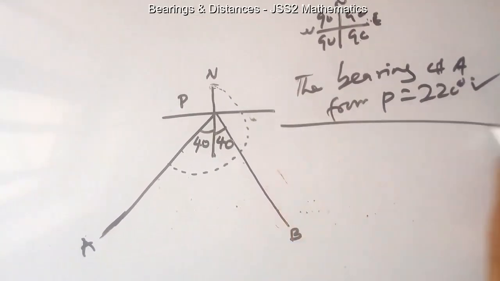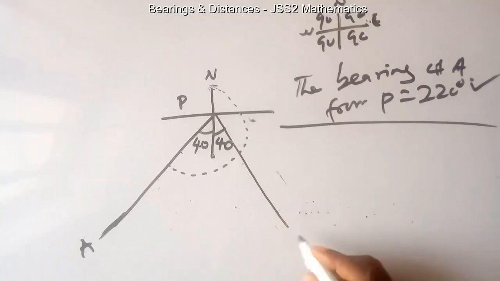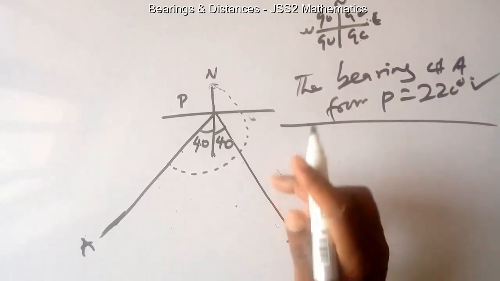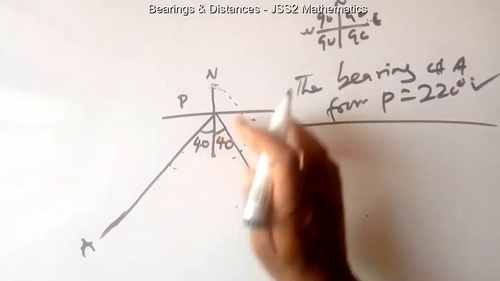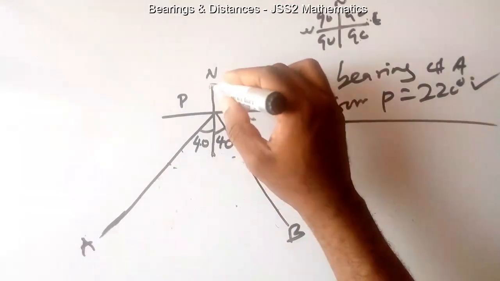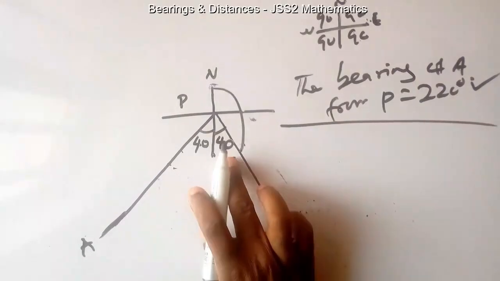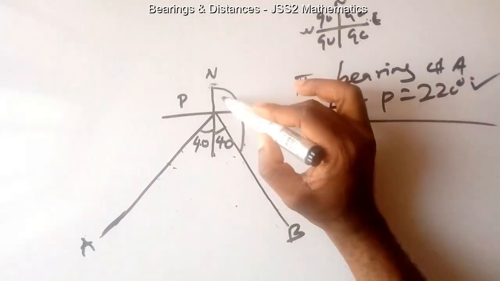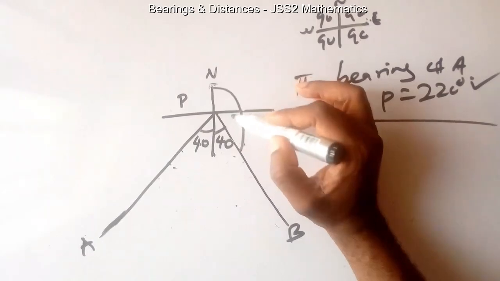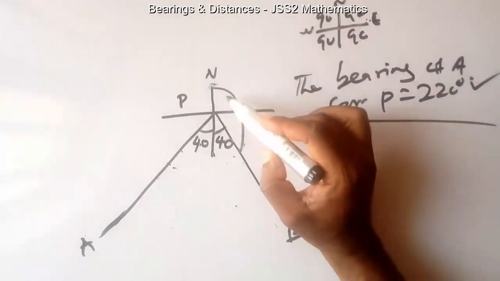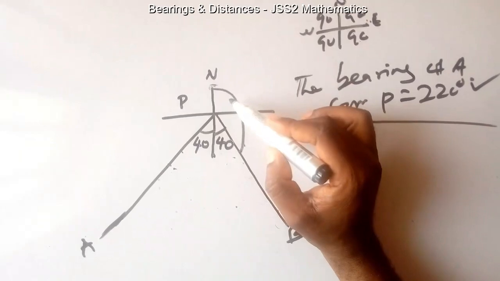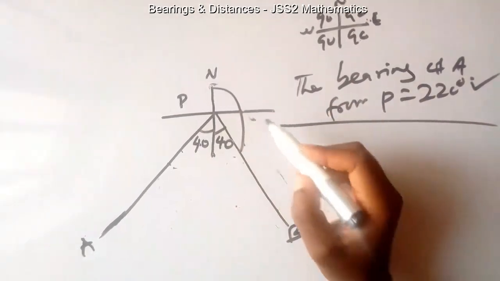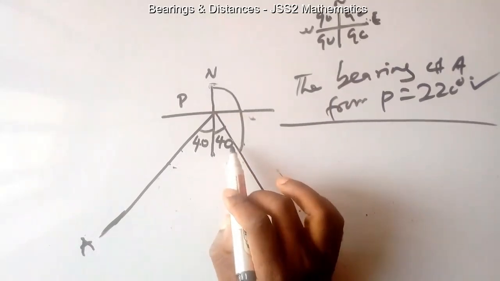Then what of B? This is B. The bearing of B also, we have to start from the north. We start from here and stop here. This line represents B. You don't go beyond it. Whatever we have in these two angles, that is what we are going to add. We know the first one to be 90 degrees, a right angle. Each quadrant is 90. Let us look at the second quadrant alone.